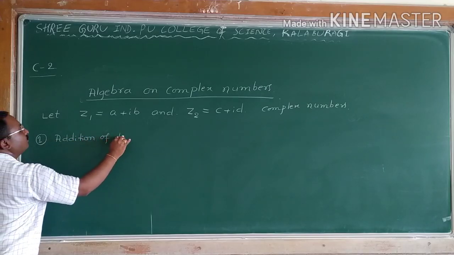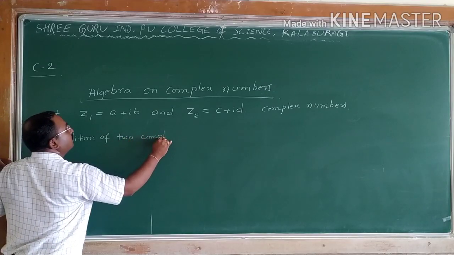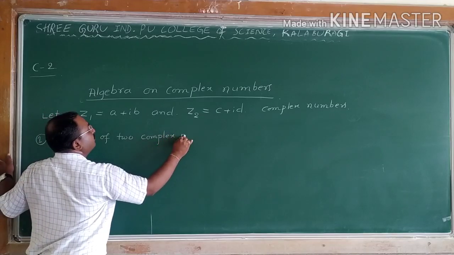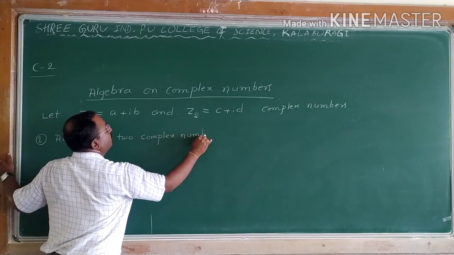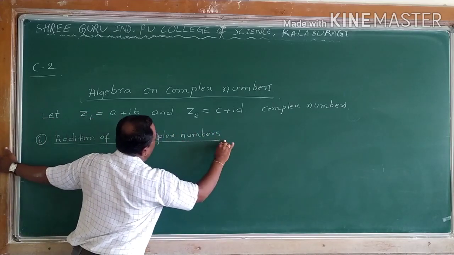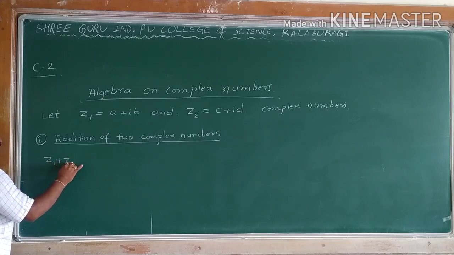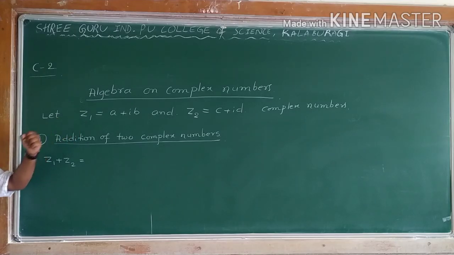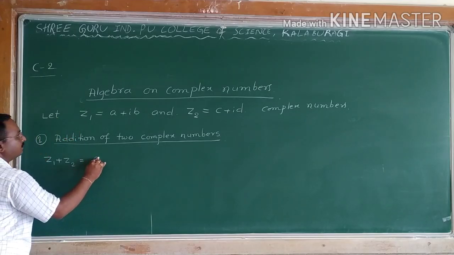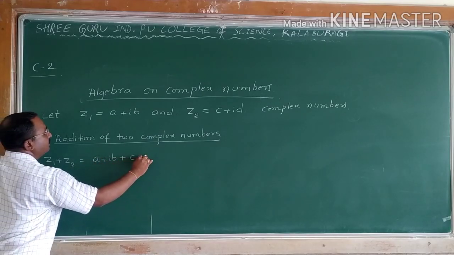Addition of two complex numbers. Z1 plus Z2 is equal to a plus ib plus c plus id.